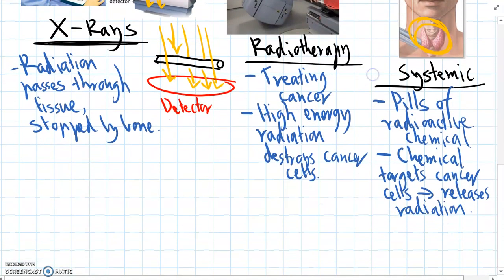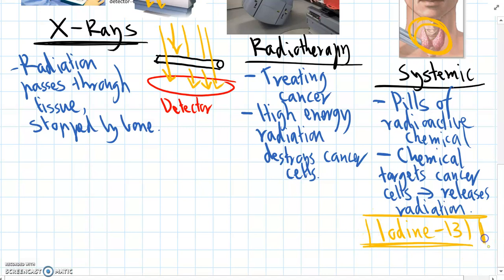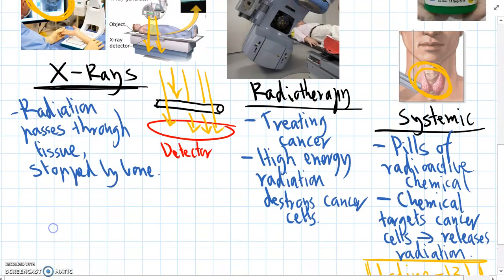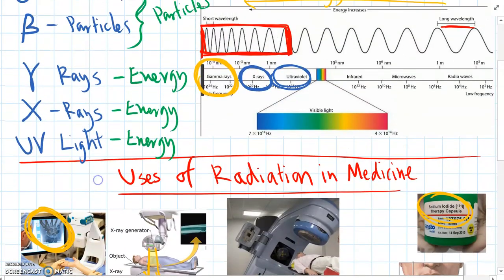So we can give people iodine-131, which is radioactive, and naturally the thyroid gland will absorb it, and that's a really effective way of treating thyroid cancer. For other cancers in different places, then it gets more complicated, and we have to actually design a way to send the chemicals to the particular cancer. So there are lots of useful ways we can use radiation.